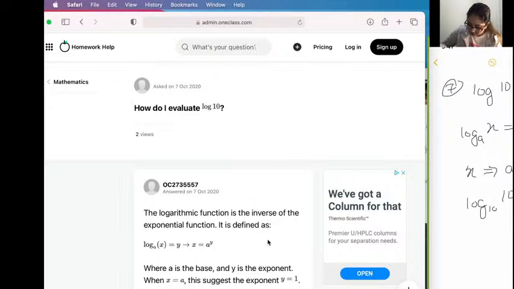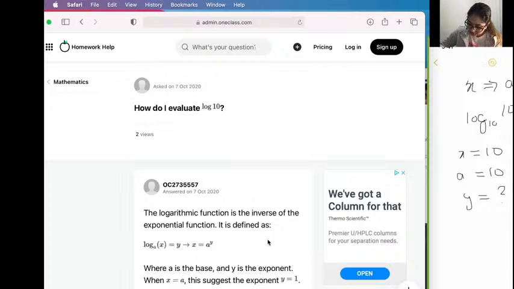So what we can do here is say x in this case is 10, a is also 10, and we need to find y. So basically what we can do is find the inverse, the opposite.